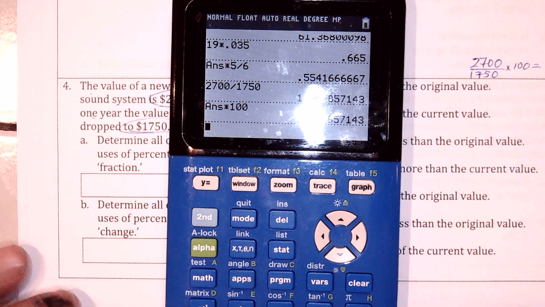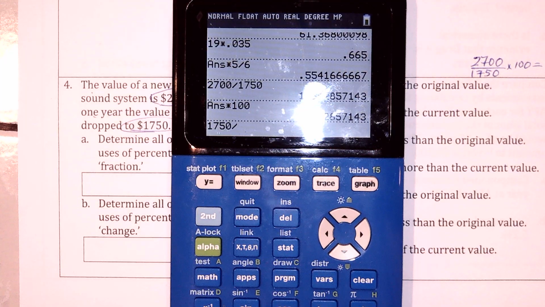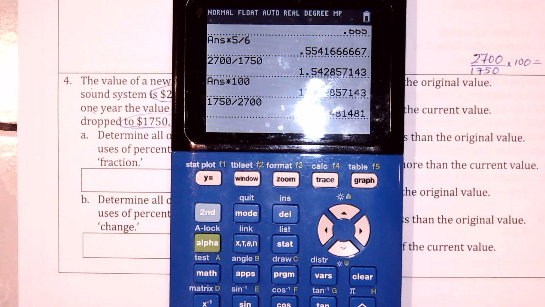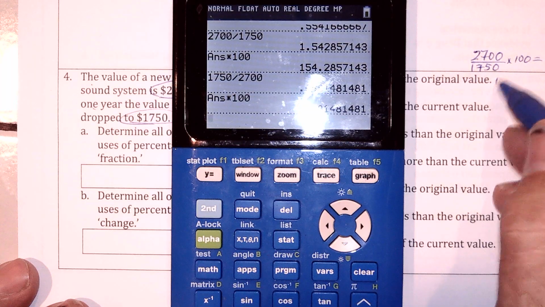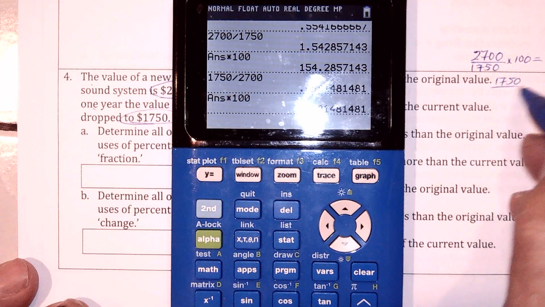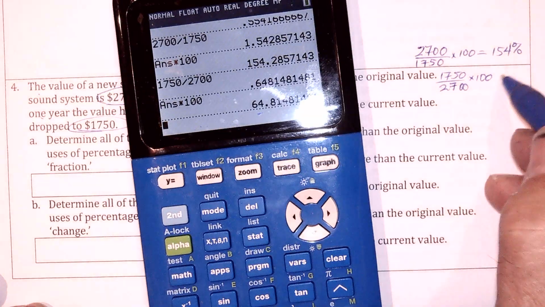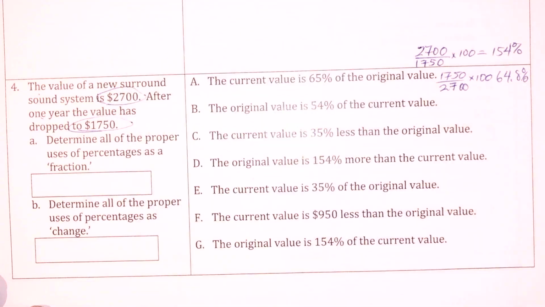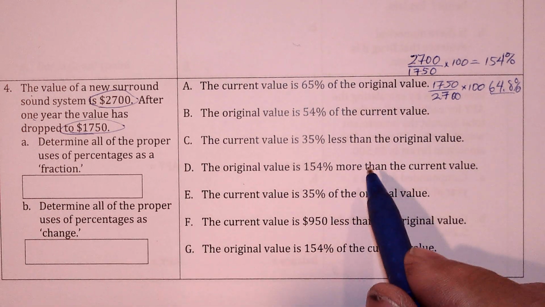Now I could do this one the other way around. 1,750 divided by 2,700 times 100, and I get 64.8%, which is about 65%.